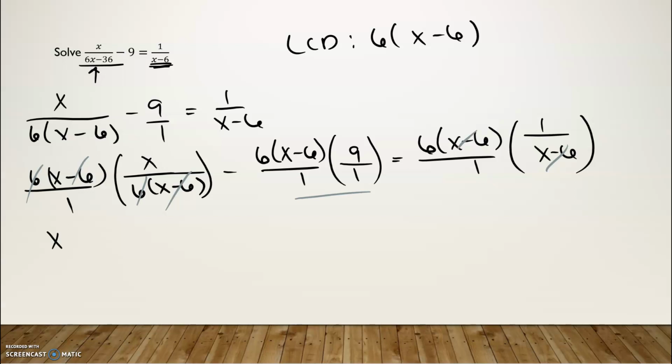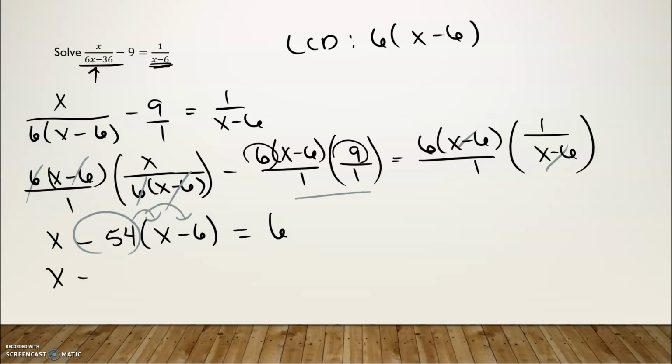So I'm left with x minus, go ahead and multiply the 6 times the 9, 54 times x minus 6 is equal to, looks like just 6. Then I'm going to distribute this, I'll go ahead and distribute the negative 54 to both the x and to the 6.